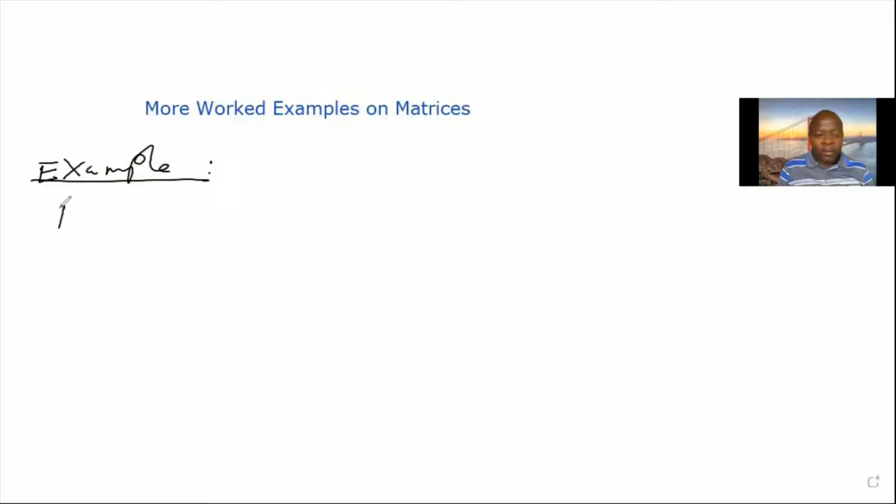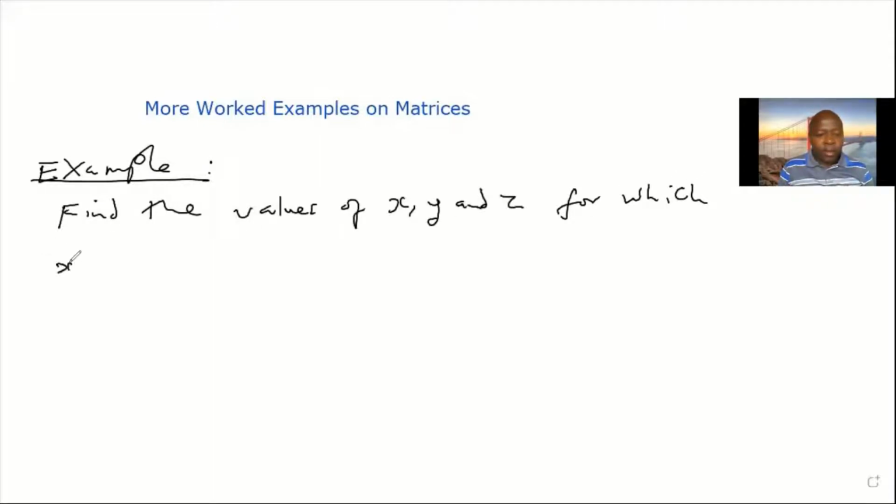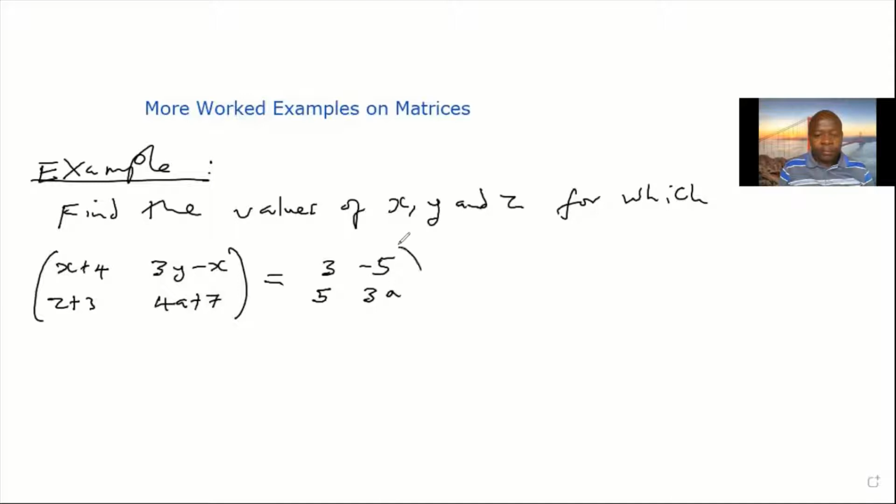So for example, find the values of x, y, and z for which the matrix with entries x plus 4, 3y minus x, z plus 3, and 4a plus 7 equals the matrix with entries 3, negative 5, 5, and 3a.